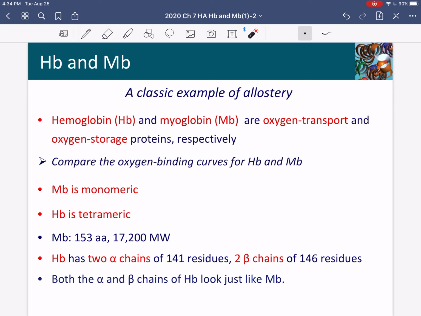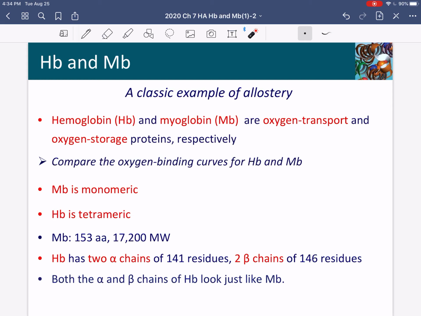So by binding to a site other than its active site or its oxygen binding site, in this case, you are attaching a molecule to another site, allo, other. Okay, so that's why we study hemoglobin and myoglobin. It is the hallmark of allosterism. Okay, now I'm glad we got that out of the way because we're going to see that coming up.